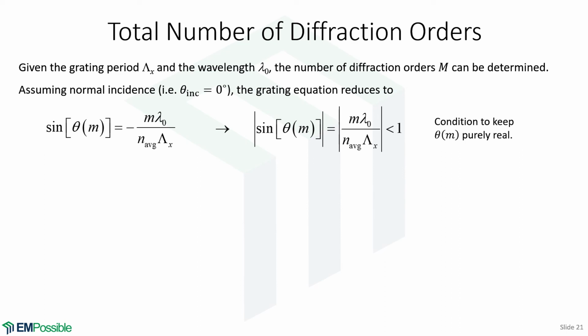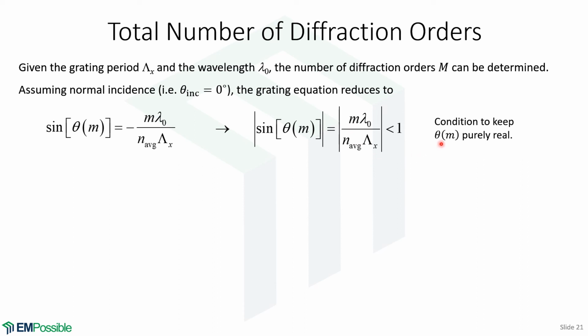To ensure that it doesn't happen, we need to make sure that the argument over here is less than 1. And because m can be positive or negative, we're just going to look at the magnitude of this term and make sure that is less than 1. So what value of m ensures this is all less than 1?